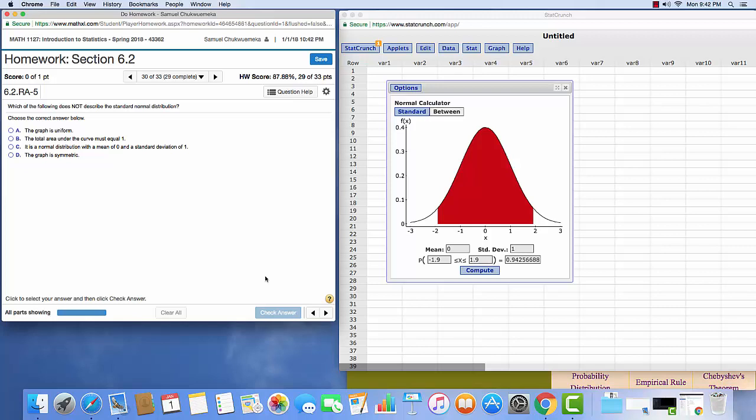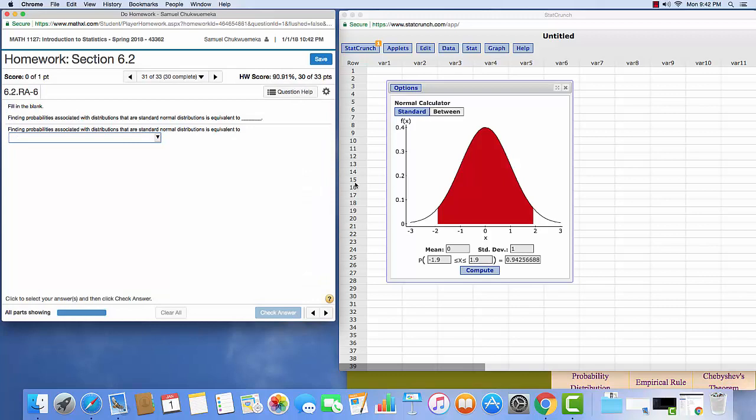C. It is the normal distribution with a mean of 0 and a standard deviation of 1. That's right. D. The graph is symmetric. That's right. So A. The graph is uniform. No, that is not a standard normal distribution. The graph is bell-shaped, as you can see. With a standard normal distribution, the graph is bell-shaped, or bell-curved. It is not uniform.